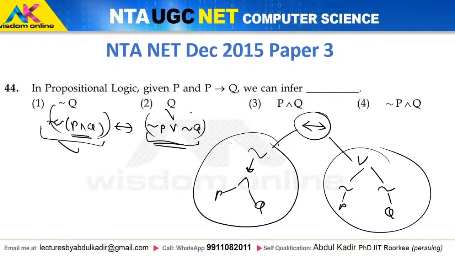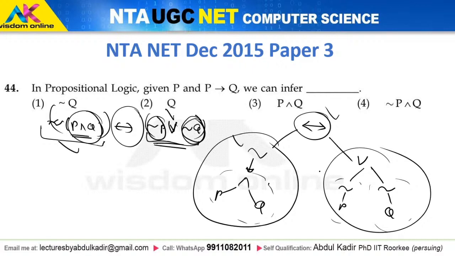First you will do this, then this, then this. Similarly here, because brackets have the highest precedence, first we will do the P and Q, then the negation, and finally at the end we will do the double implication. Anyone has any doubt in this tree?